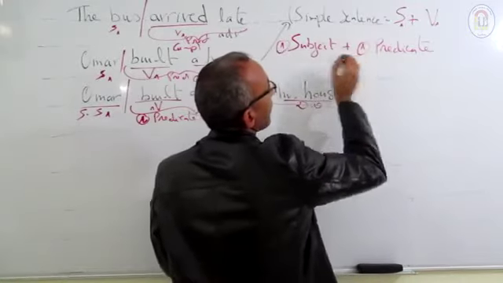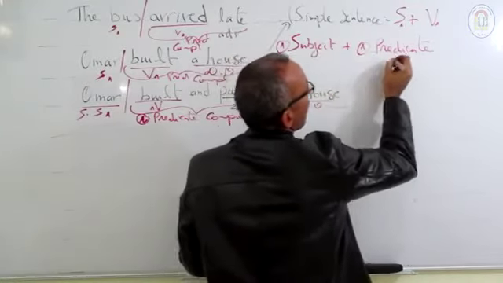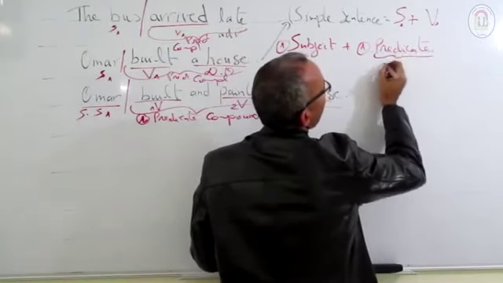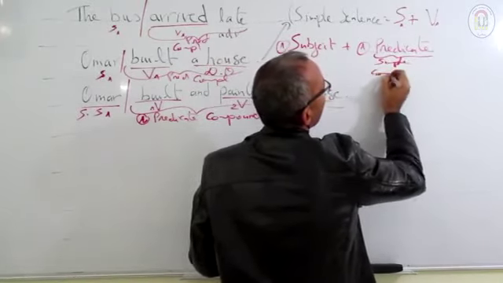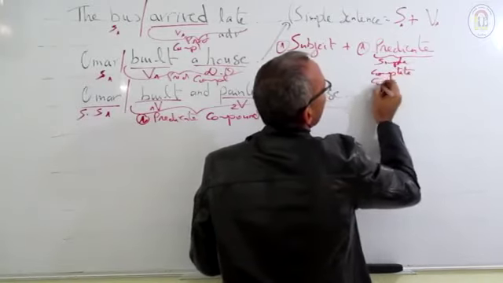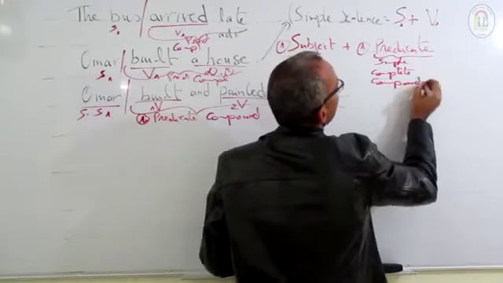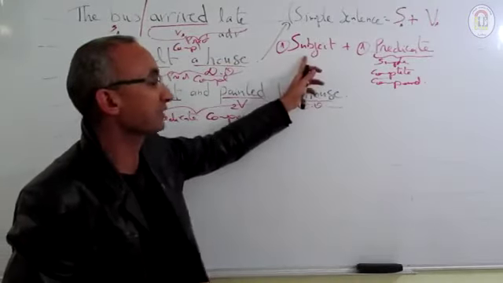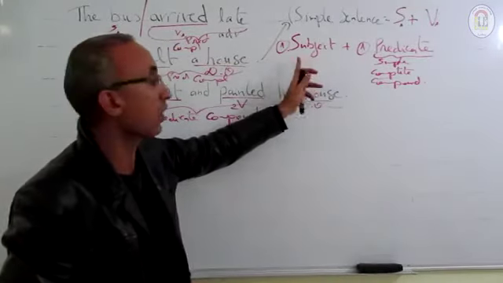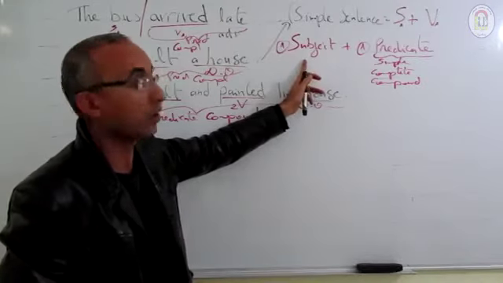A simple sentence. We have one subject and we have one predicate, whether it is simple or complete or compound. Here also, the subject can be simple or complete or compound.